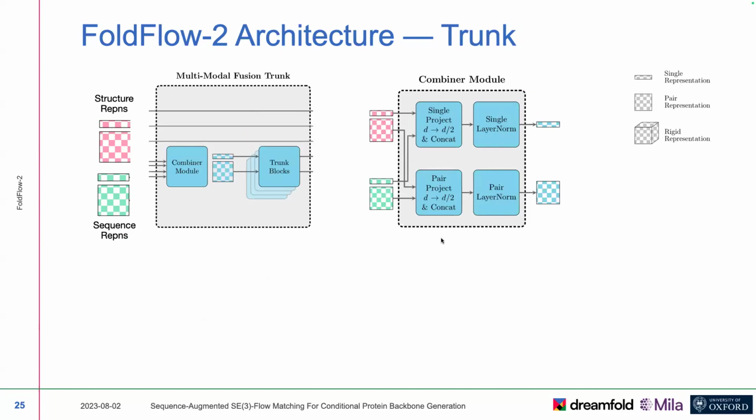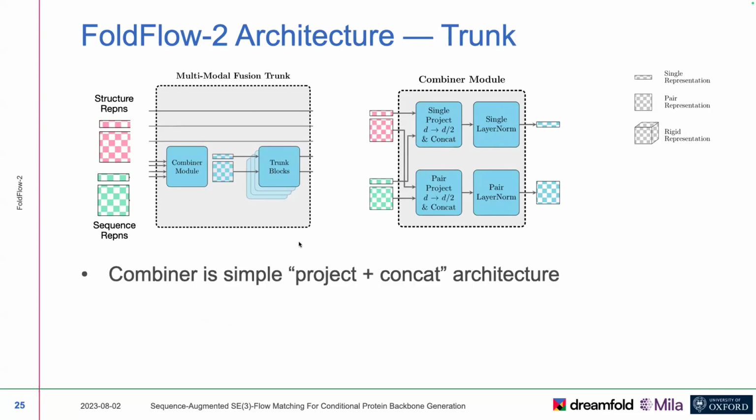And then for the trunk module, we have the structure representations in pink and the sequence representations in green, and now we need to fuse them together into a single latent representation of the protein that knows about both modalities. The first thing we do is use a simple combiner module. It's really just a projection using a linear layer and then concatenating together. Nothing fancy there.